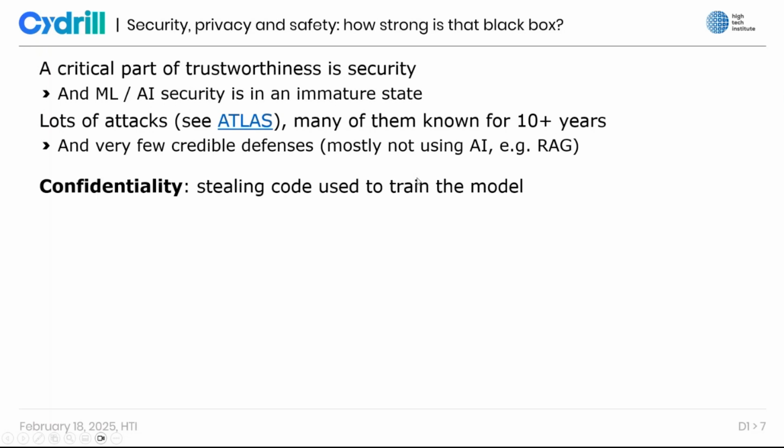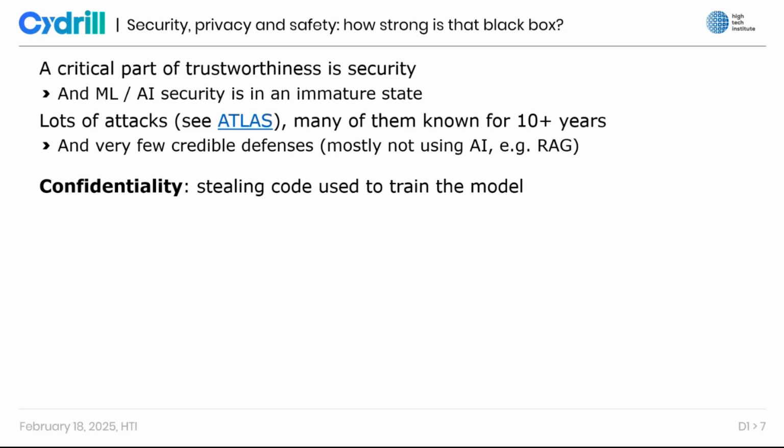So why am I saying all this? I'm saying this because there are known attacks at this point that can be used to damage confidentiality, integrity, and availability, the three main security requirements that we have. The first one, confidentiality, is when we have some code that we want to protect, and the attacker steals it from the model.